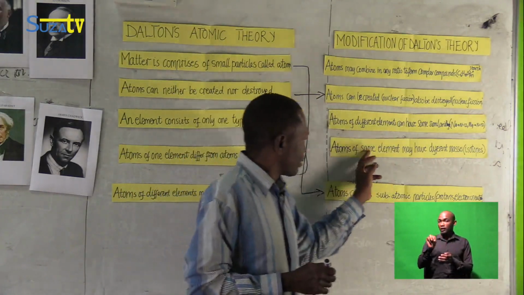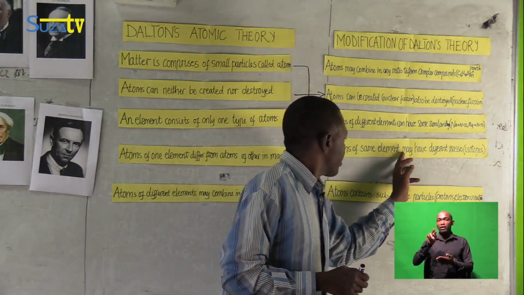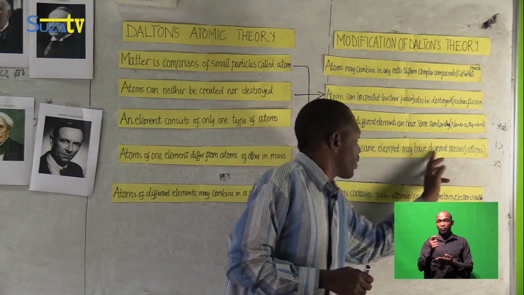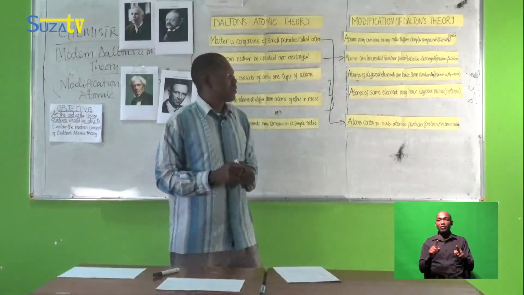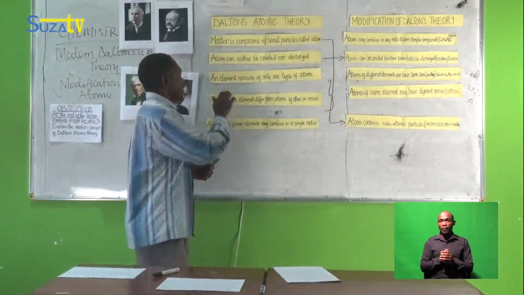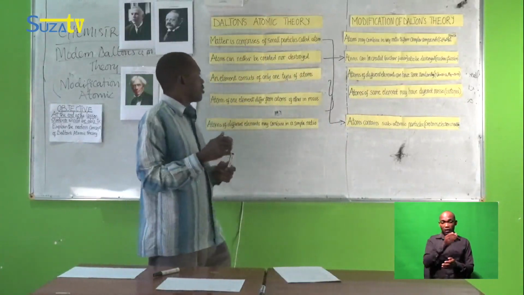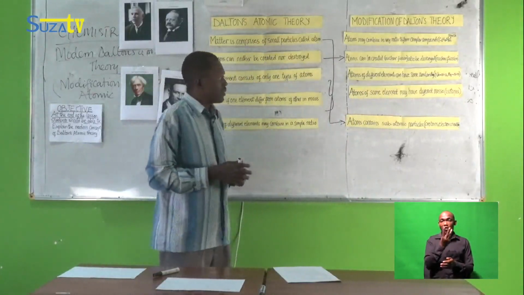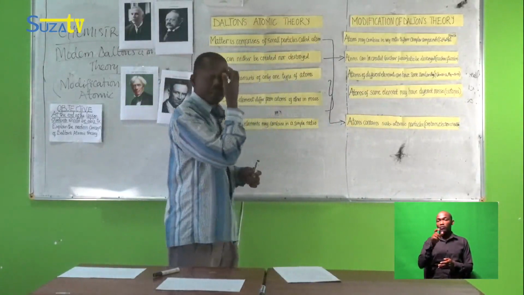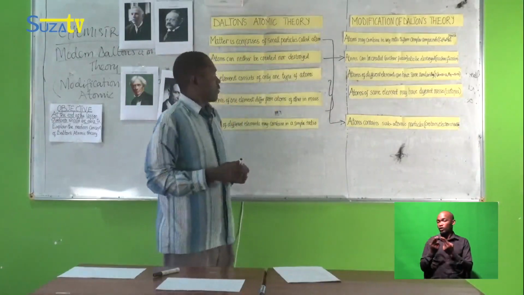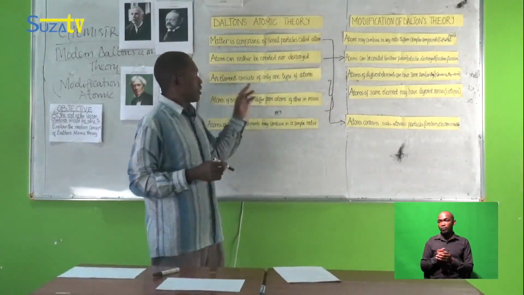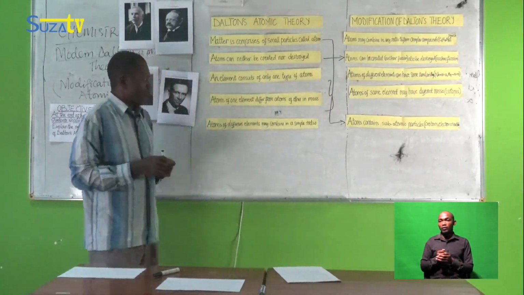Atom of same element may have different masses or isotope. So I think for an element consists of only one type of atom, there's no modification that directly targets this postulate of Dalton.